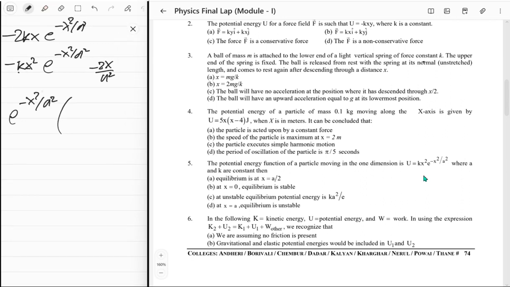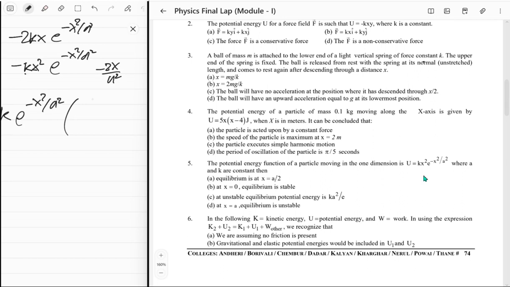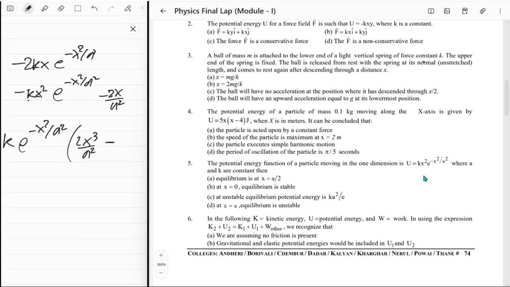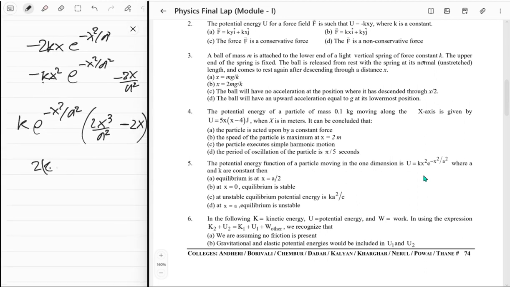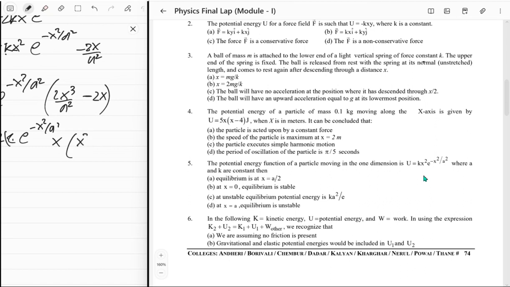This and k भी common ले लो, this thing is just 2x cube upon a square and then minus 2x. So you can put 2k x common. So 2k e power negative x square upon a square, x बाहर निकाल लिया, x square upon a square minus 1, that's the thing. Okay, that's the force.